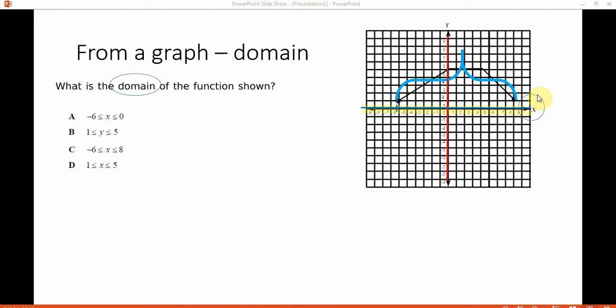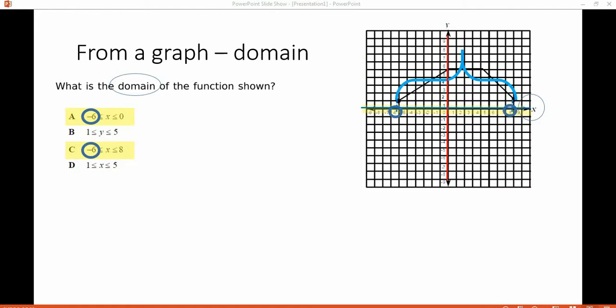My lowest x coordinate for this graph is going to be -6, which means that A and C are the domains in the running, and the highest number is 8.